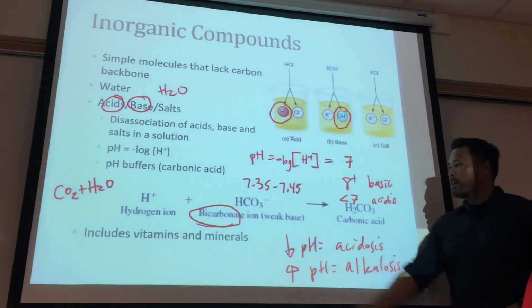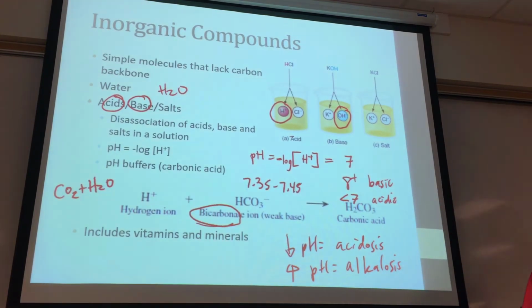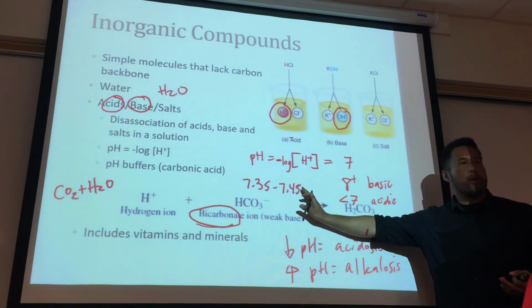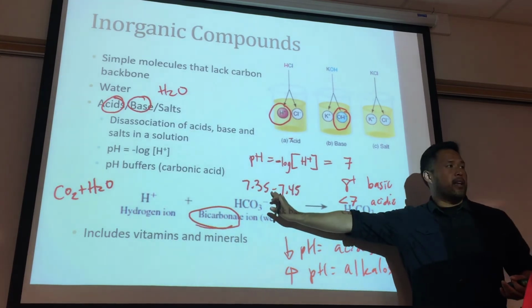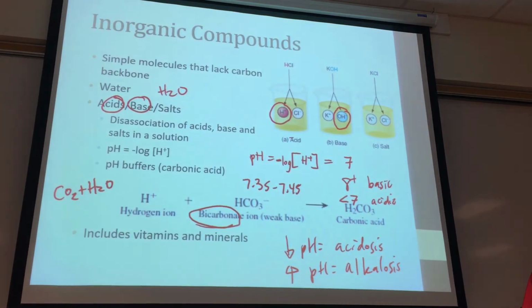But what's left over is this bicarbonate ion. That's that buffer that prevents any changes to keep us within that narrow window of 7.35 to 7.45. So that is our first example of homeostasis in blood. And again, we'll go over this in our cardiovascular lecture when we talk about blood.